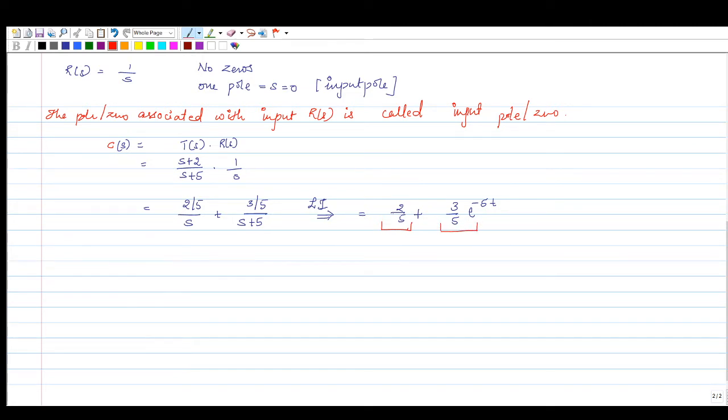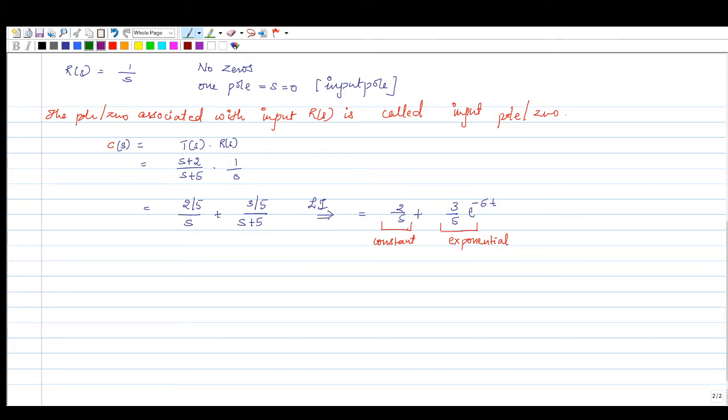Now here you can see that the first term is a constant, whereas the second term is an exponential term. We have an exponent value e to the power minus 5t. So it is an exponential term.